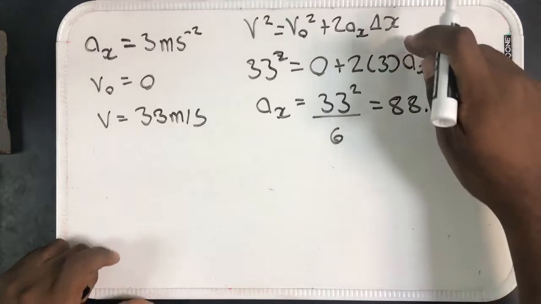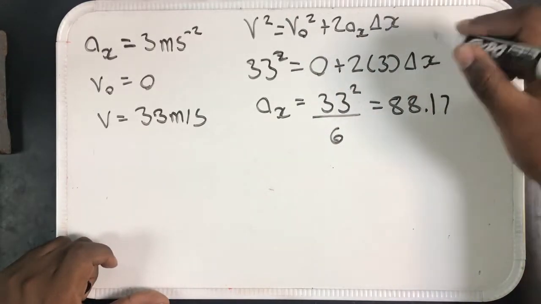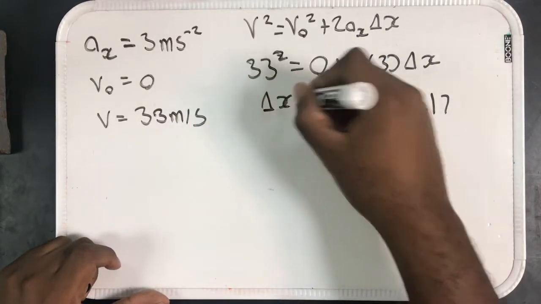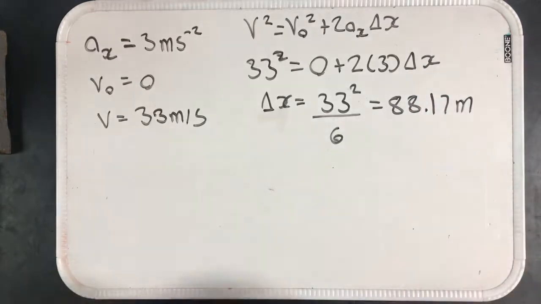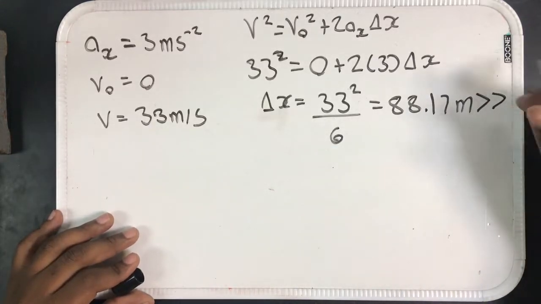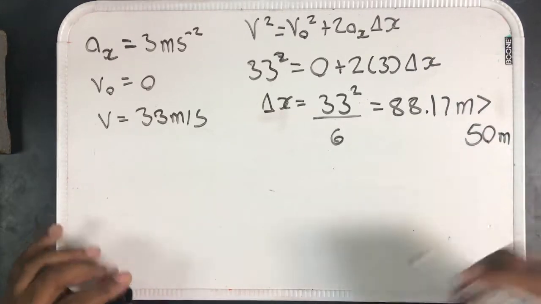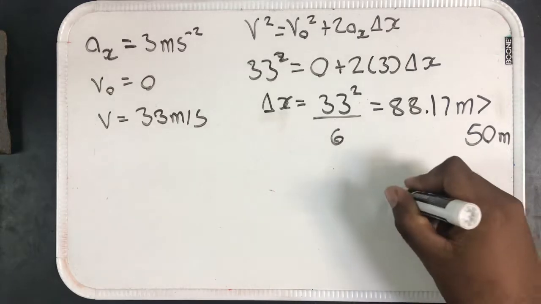Oops, terribly sorry. You have to be very careful with your labeling sometimes. 88.17 meters, which is greater than 50 meters.